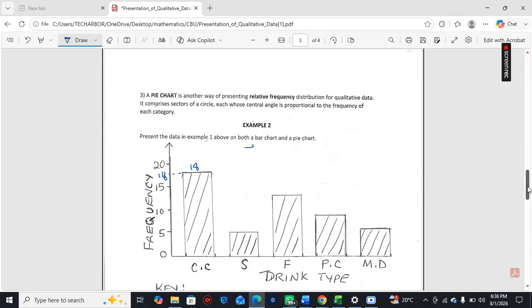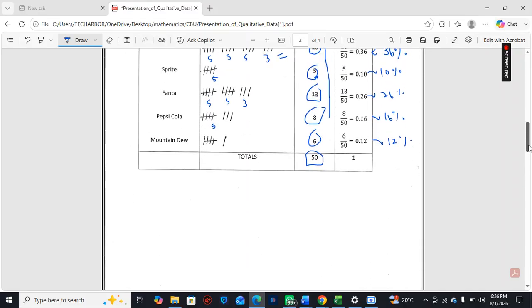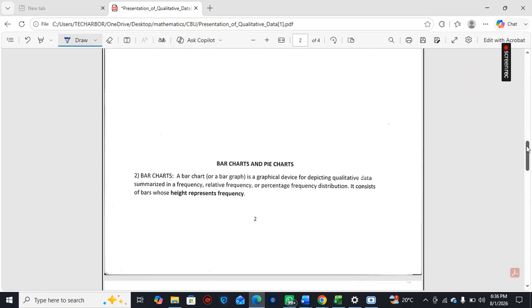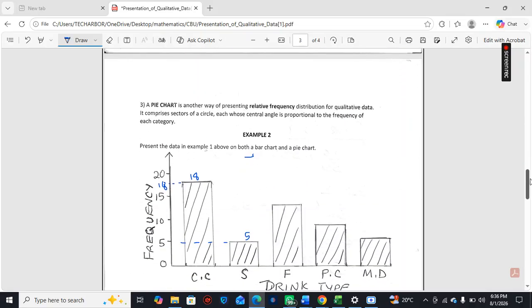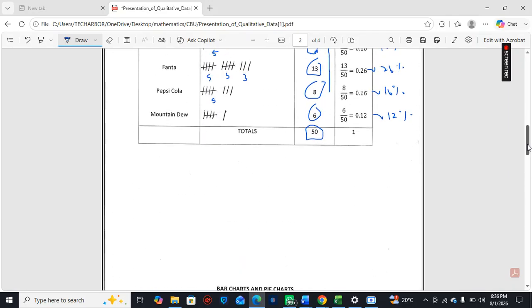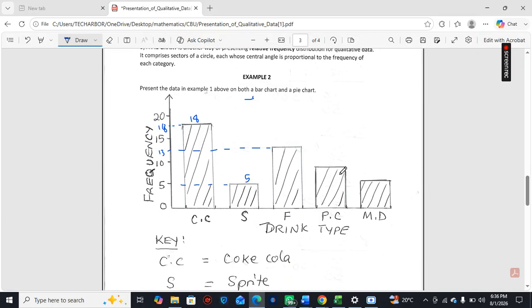Sprite, we said Sprite was 5. As you can see here, Sprite 5. Fanta 13. Pepsi Cola 8. You can see here.